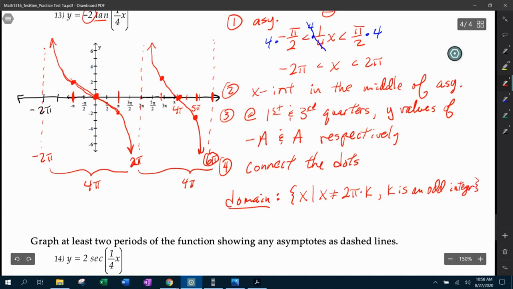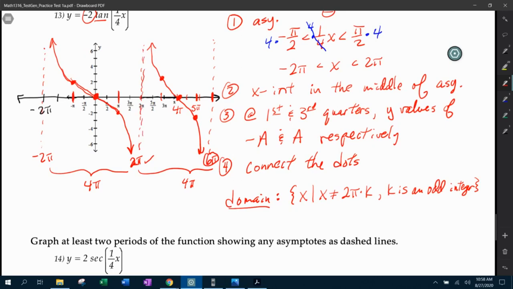Okay, now here's why that is. If k is an odd integer, then the first value of k would be 1, and 1 times 2 pi is 2 pi. So that's an x value that you can't have because there's an asymptote.